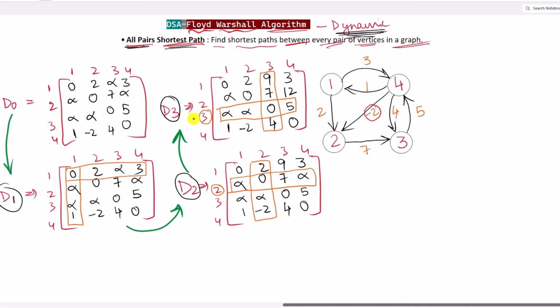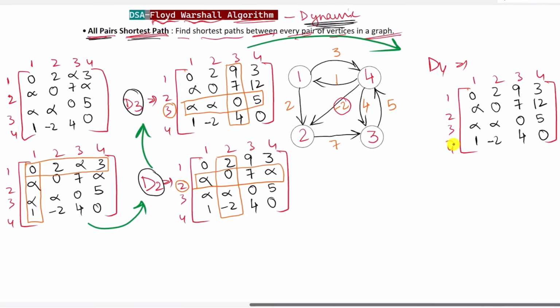Now we have to compute the D4, and we're gonna derive that from the D3. So here we're gonna take this vertex 4 as the intermediate vertex, that means the fourth row and the fourth column will stay as they are, and we have to recompute all of the other values.